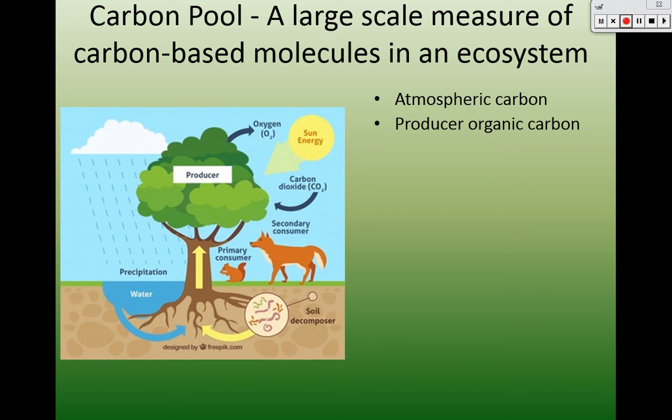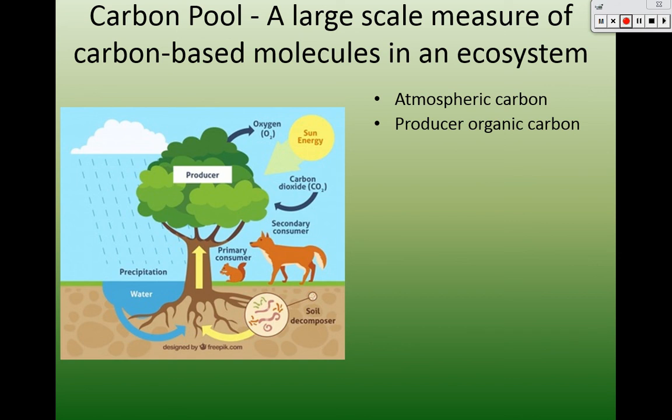So our lipids, our carbohydrates and our proteins. Obviously that's in all of the producers. So in this picture, it would not only be all in the trees, but it would be all the grass as well.